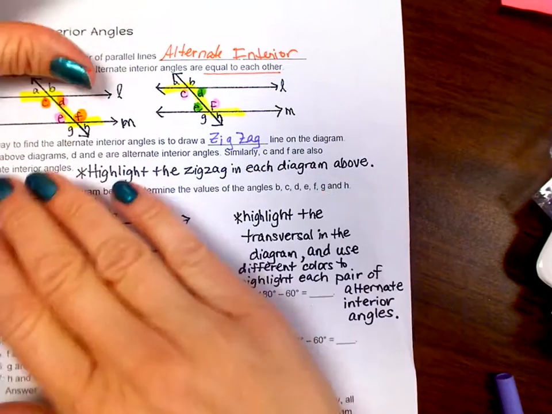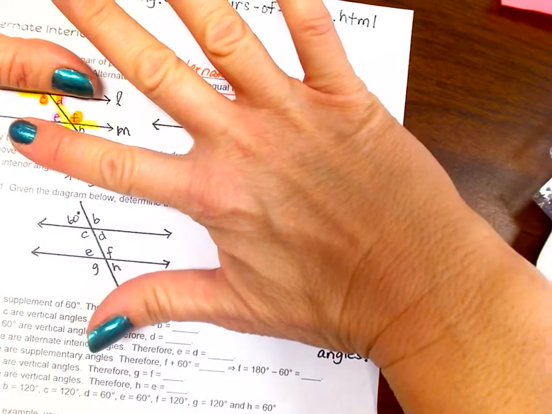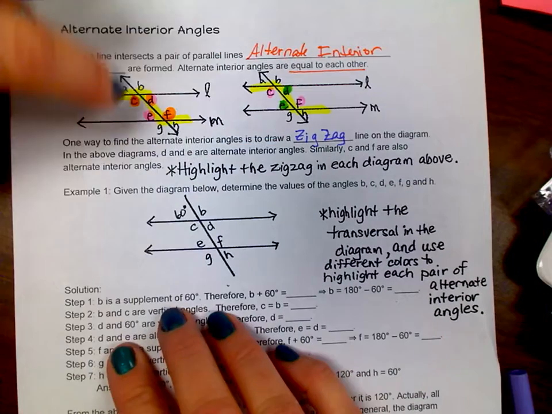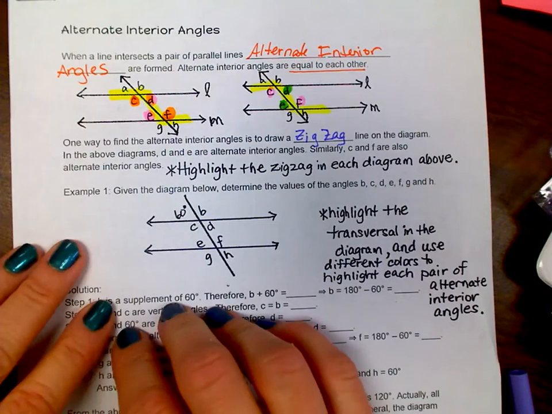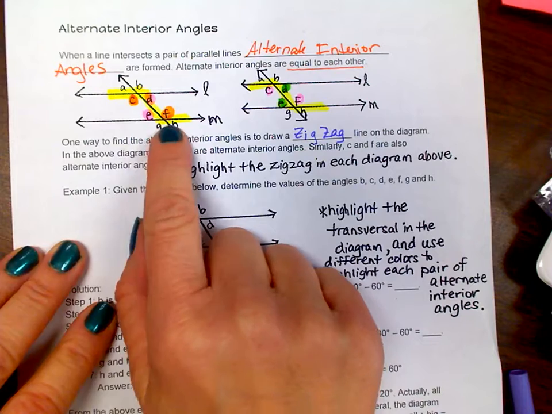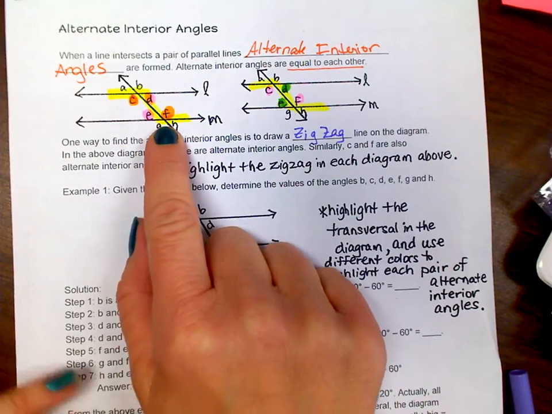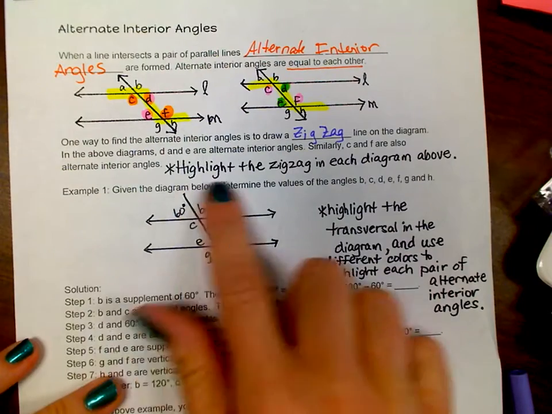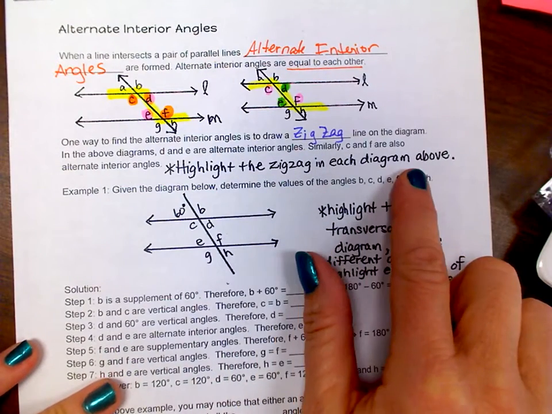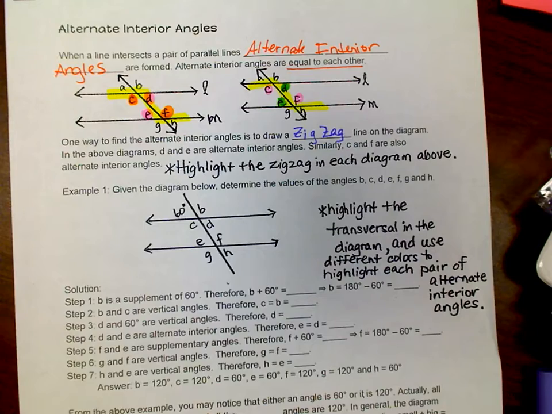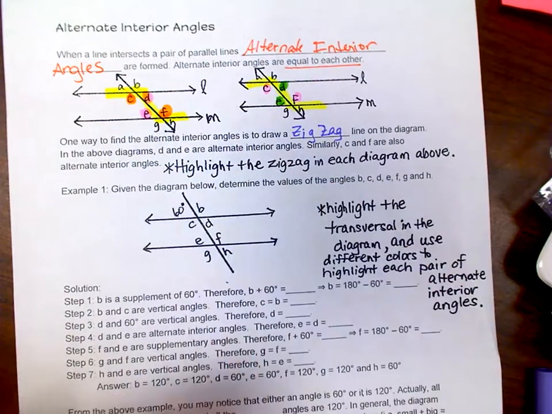So interior means inside these parallel lines. To me, it just helps to cover the outside ones up so I can focus on the inside. So we highlighted the zigzag in each diagram above. And that was the yellow, the zigzag.